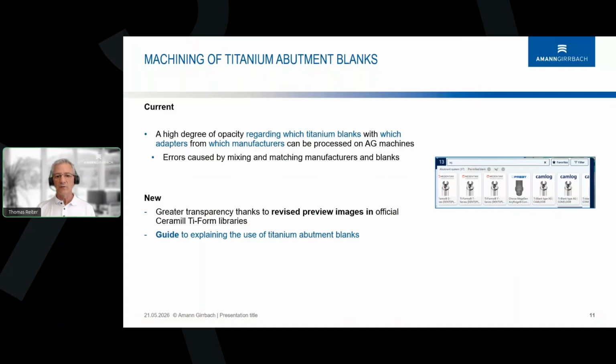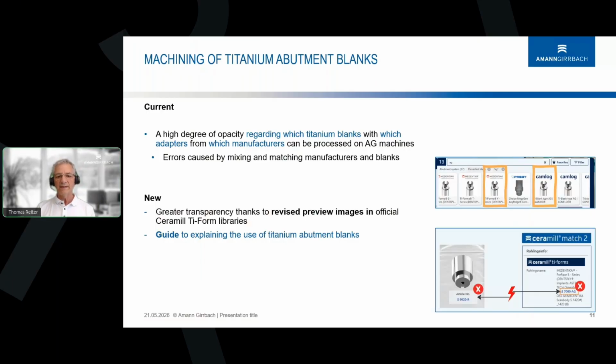If I make an error here by choosing the wrong library, as I said before, it goes wrong. New is that we created more transparency. We implemented the images of the adapter so that you have an indication of how the adapter looks. And we created various instructions on how to use the TI abutment blanks.